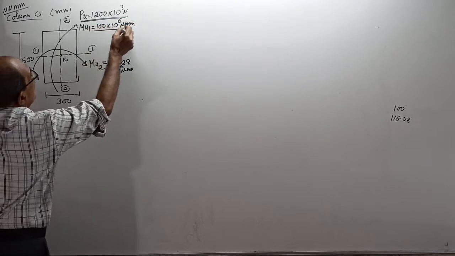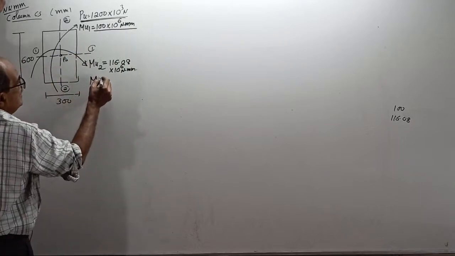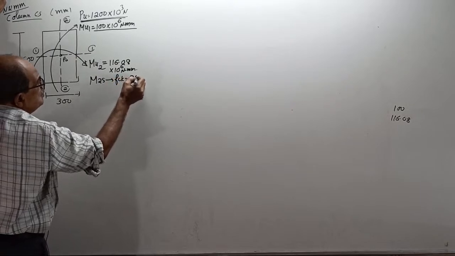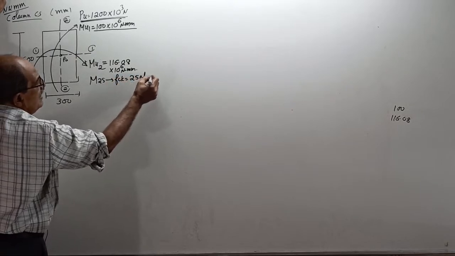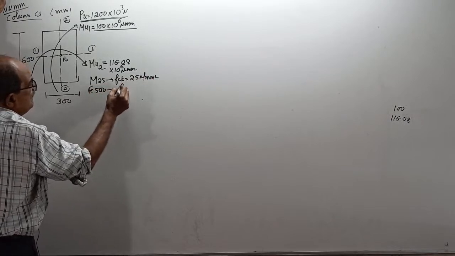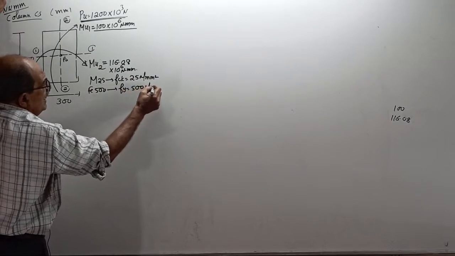This is the final design, or you can write here M25 concrete. Therefore, your FCK is 25 Newton per mm square, and FE 500 steel means your Fy equals 500 Newton per mm square.